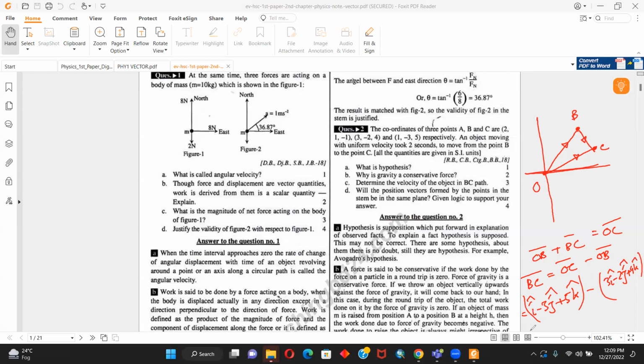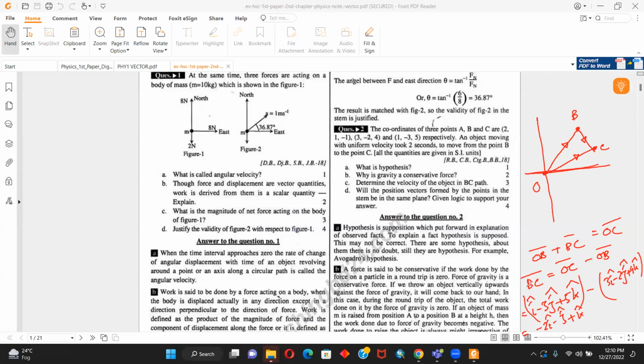Okay. So now this will equal i minus 3i, which will be minus 2i, minus 3j plus 2j will be minus j, plus 5k minus 4k will be plus k. So this will be our vector along BC path.